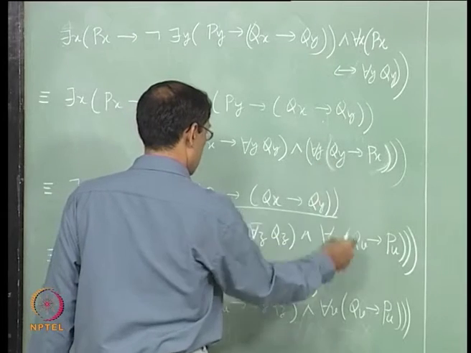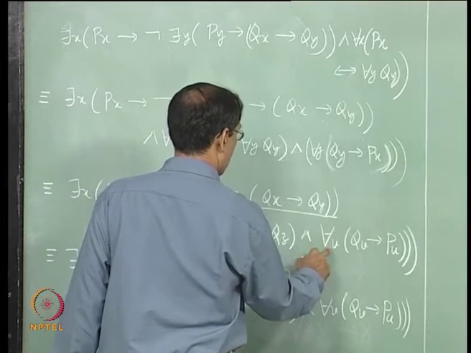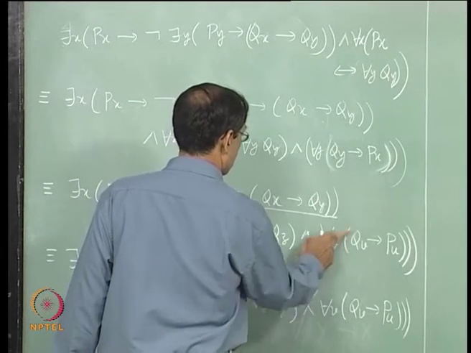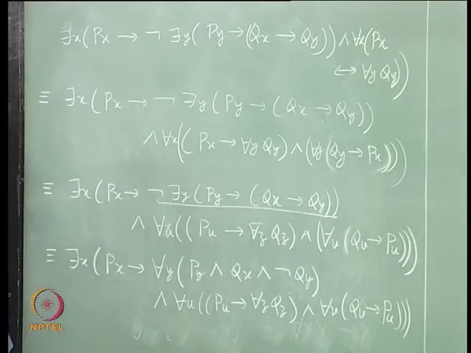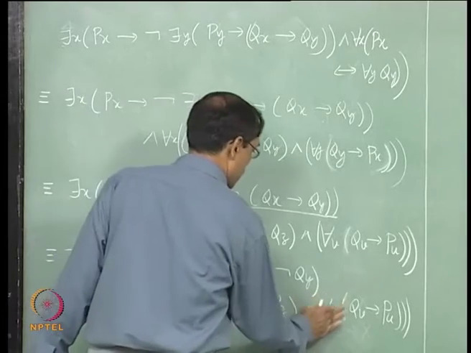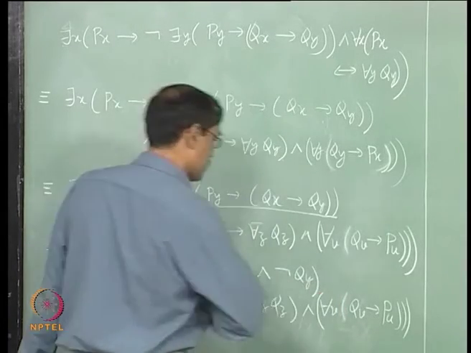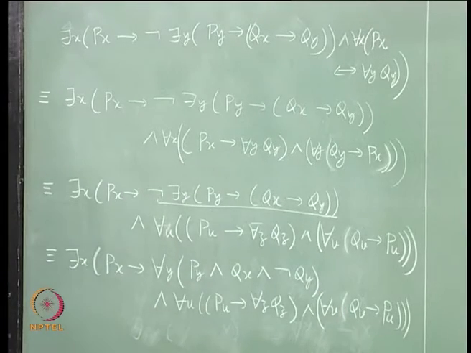Then the bracket is here, then you have a bracket here also, that is the modification. So now what should we do here?